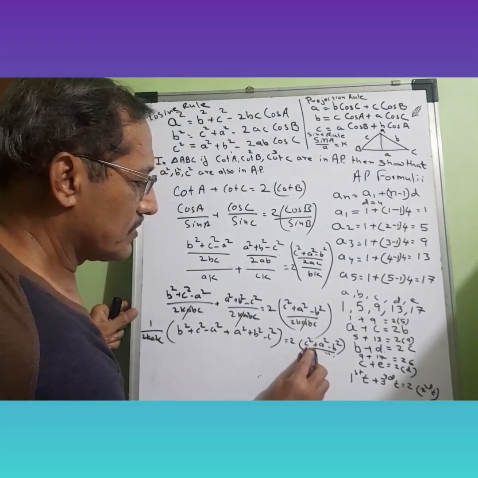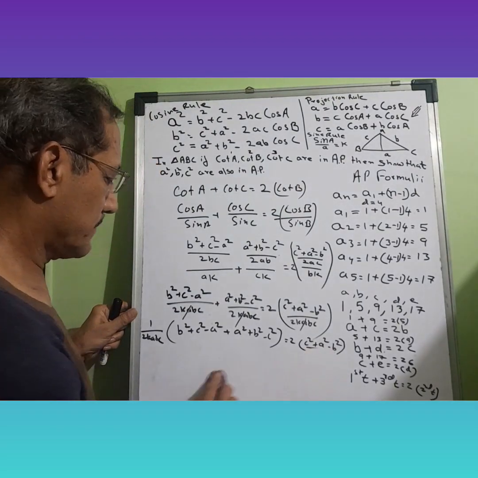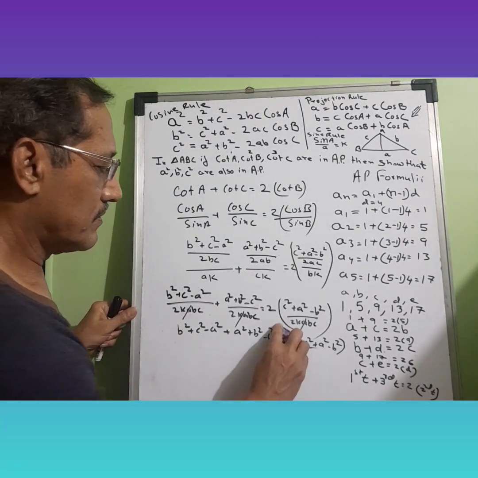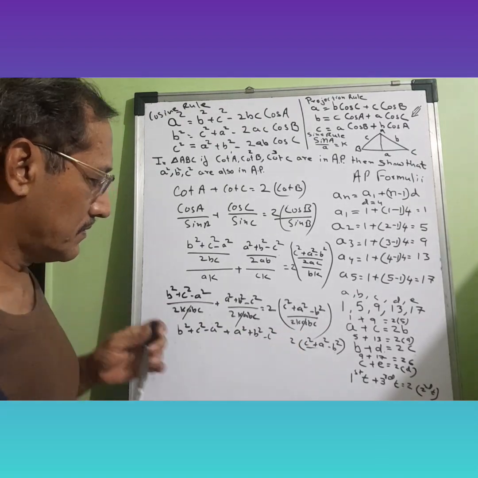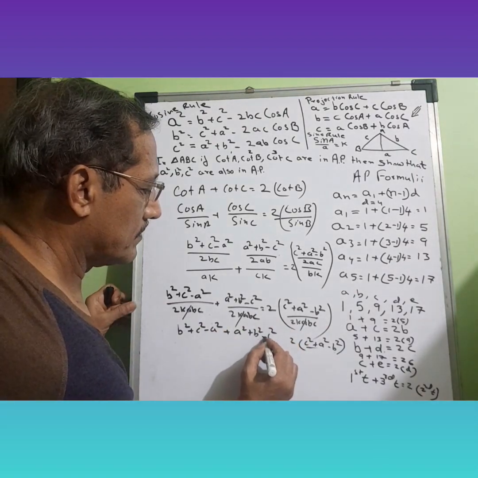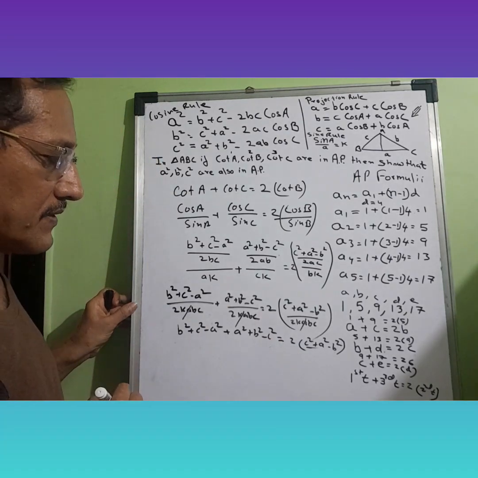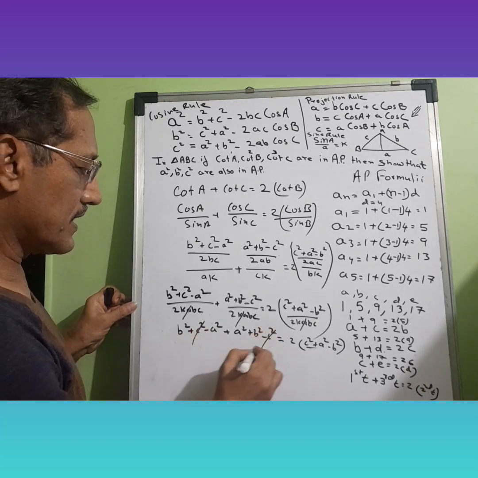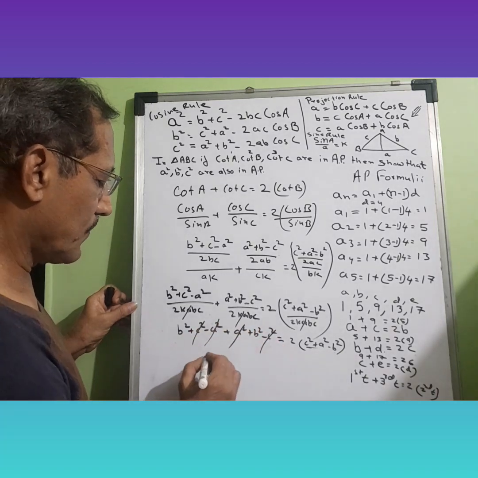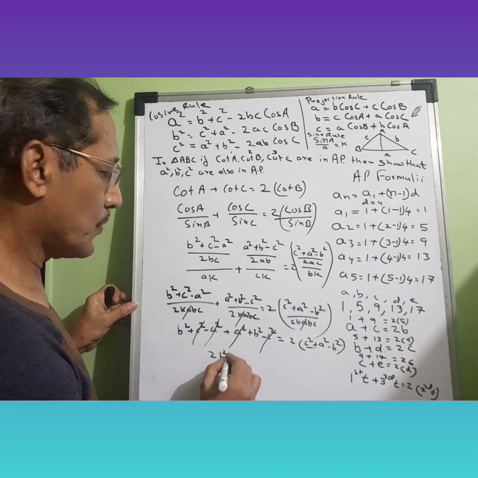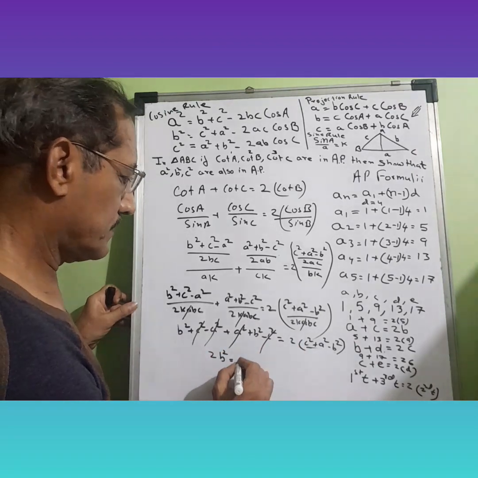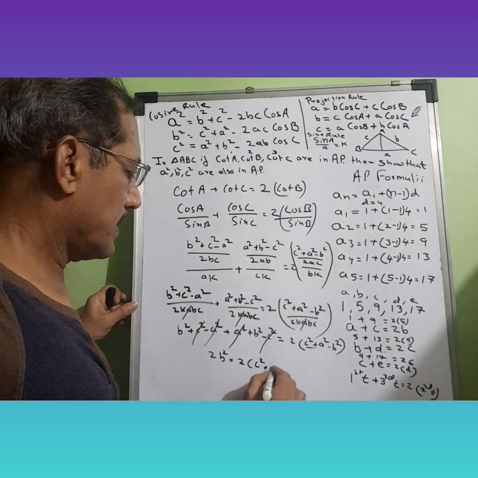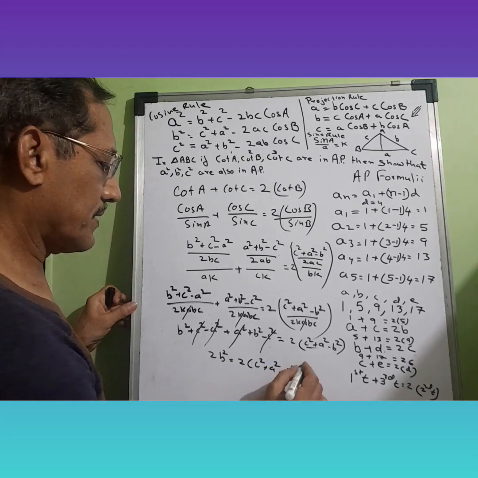So ultimately, after cancellation, what we are left with is this. Now let's check if anything gets cancelled. Yes, this and this get cancelled, this and this get cancelled, so we are left over here with 2b square, and here it is 2 into c square plus a square minus b square.